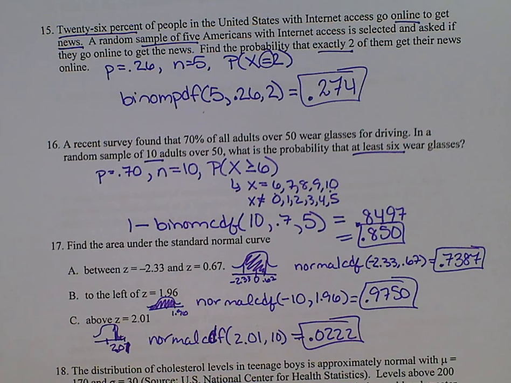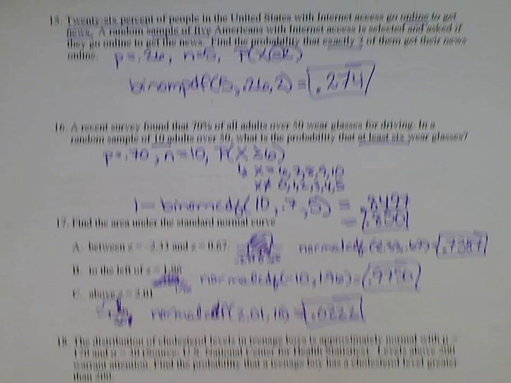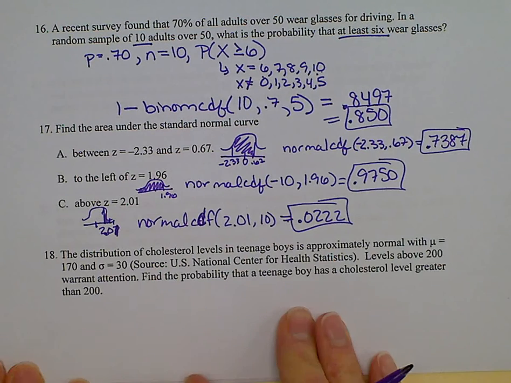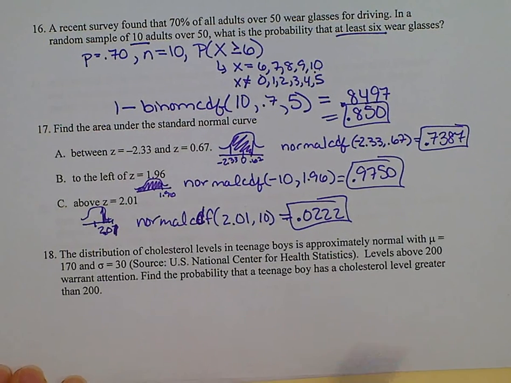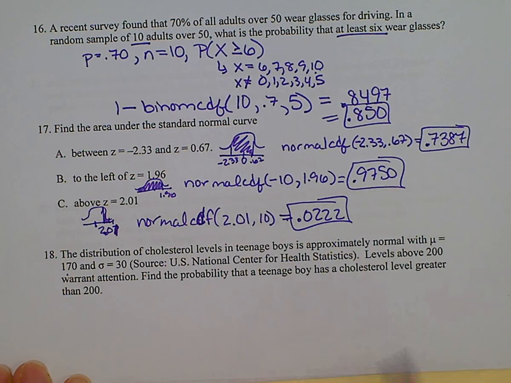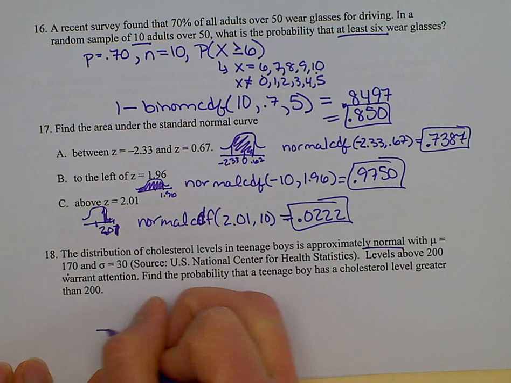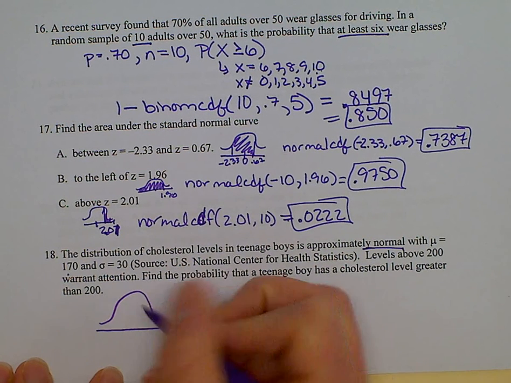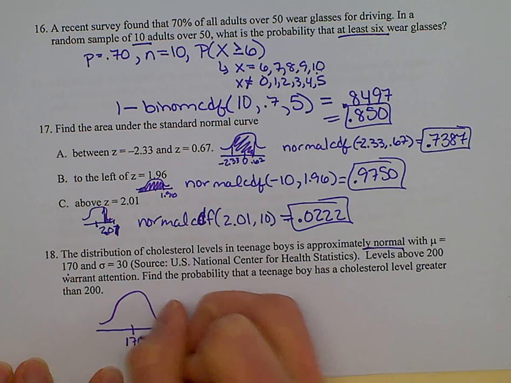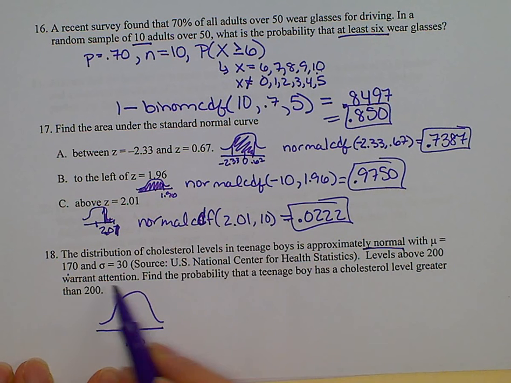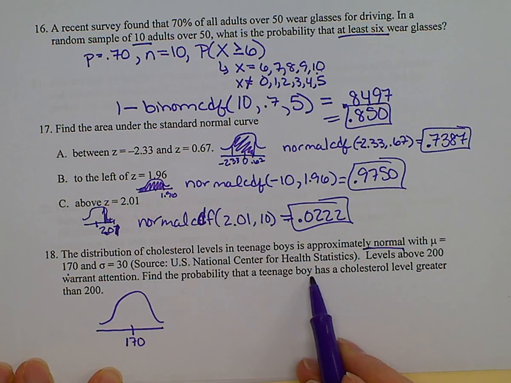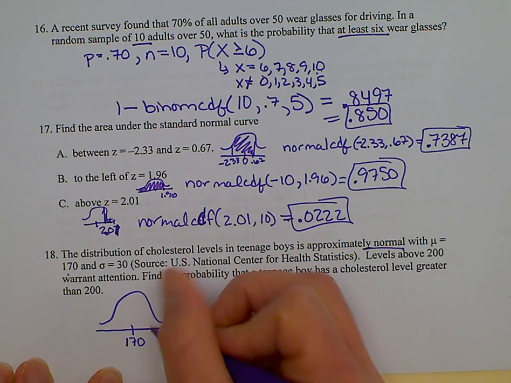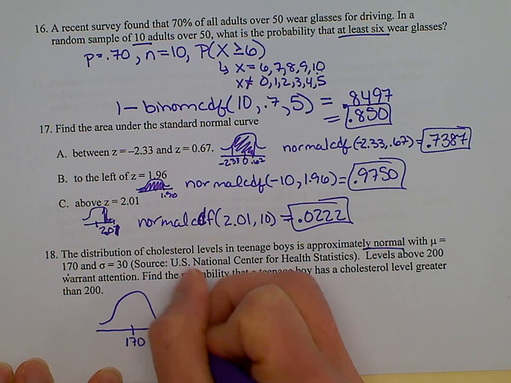18. The distribution of cholesterol levels in teenage boys is approximately normally distributed with a mean of 170. So it's approximately normal. So I'm going to sketch a curve to help me. It says levels above 200 warrant attention. Find the probability that a teenage boy has a cholesterol level greater than 200.